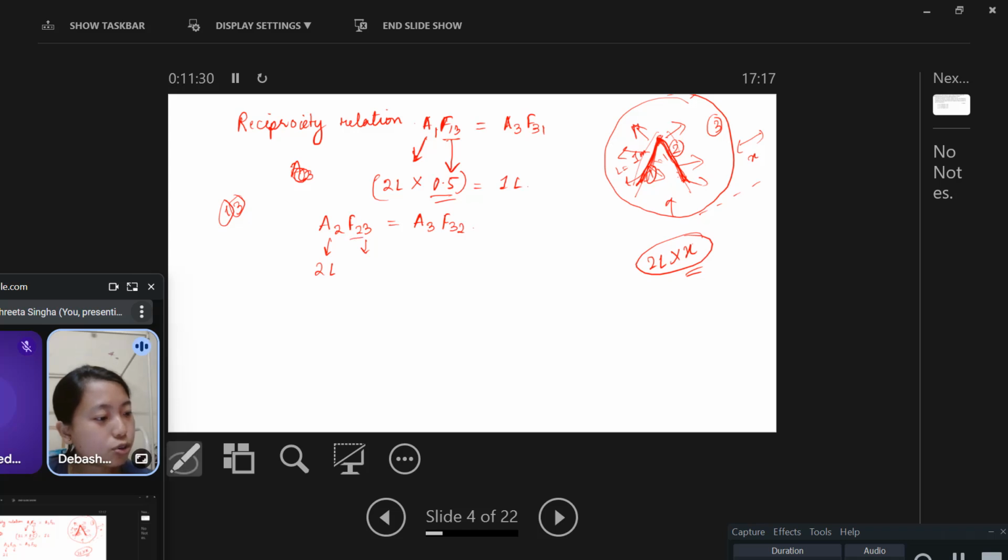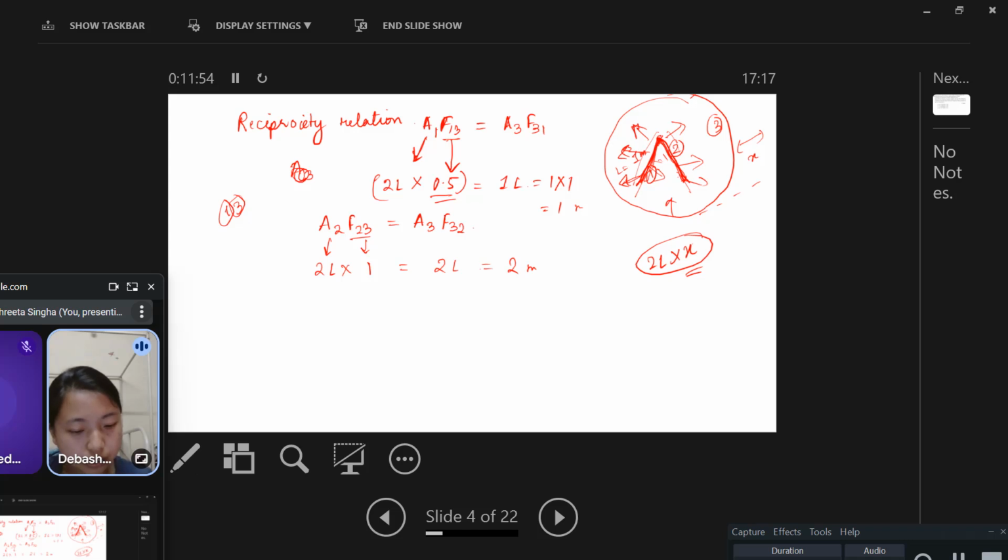But for the relation between 2 and 3, whatever 2 is emitting, 3 can receive all of them. That's why it is 1. So this will become 2L. L is already given as 1 meter, and this is 2 meter.